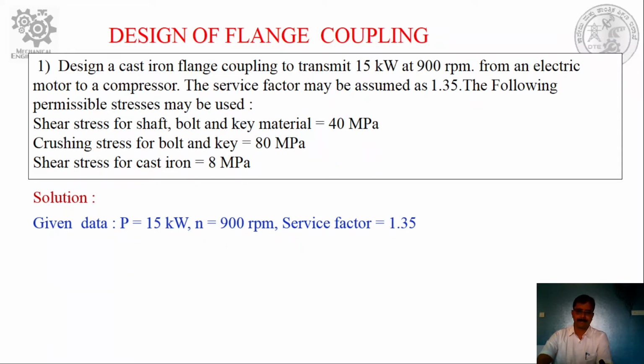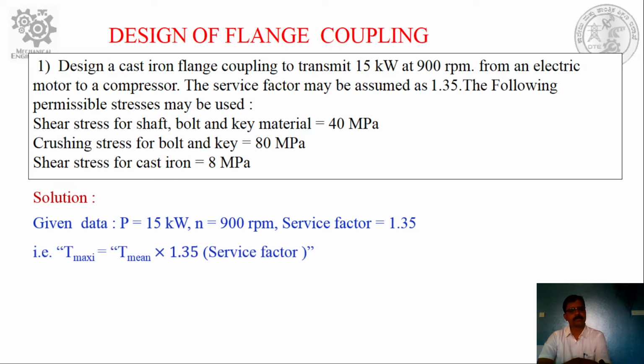Now, T maximum is equal to T mean into 1.35. You multiply the service factor into the T mean. In the previous session we calculated the torque from the power equation, that is T is equal to 9.55 into 10 to the power of 5 into P divided by N. What we obtained from that equation is the average torque or the mean torque.